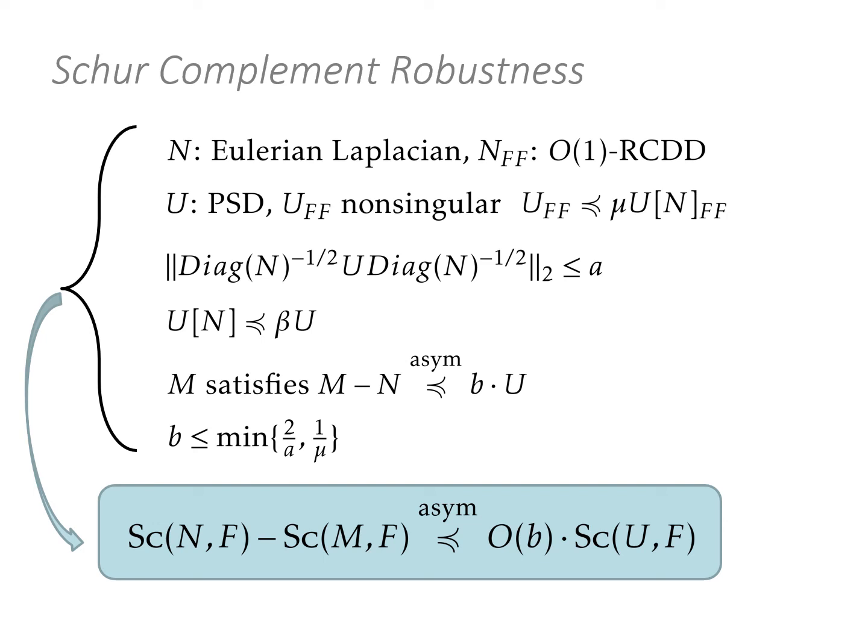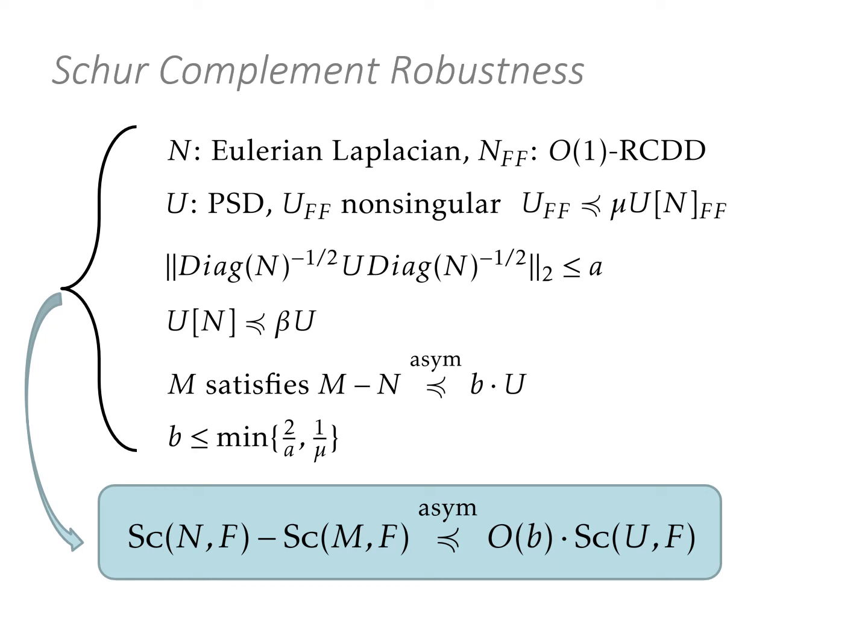To understand the conditions, maybe we can start from the case where the matrix U is a symmetric Laplacian, and it has the same diagonal entries as N, and the set F only contains a single vertex.